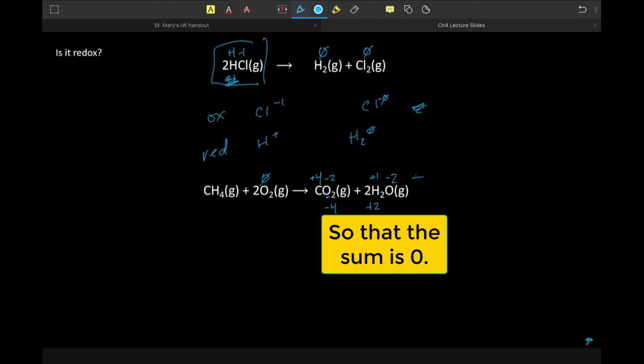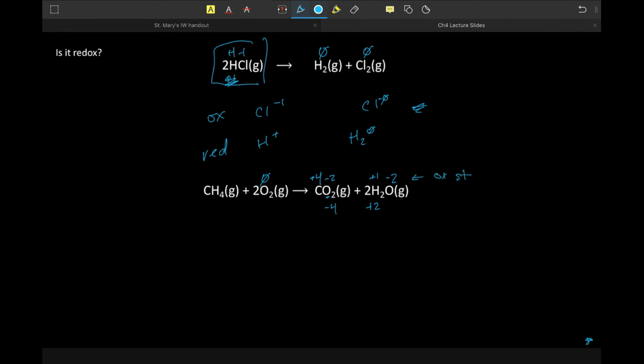The way I like to do it is that I put the oxidation states up here, because the oxidation state is for the individual atom. And down here, I just put my sums, like my work. So if I have 2 hydrogens, each with a +1, +2 would be the sum. If I have a -2 and I have 2 of them, -4 is the sum. That's just how I like to do it to keep my math easy to interpret, okay?